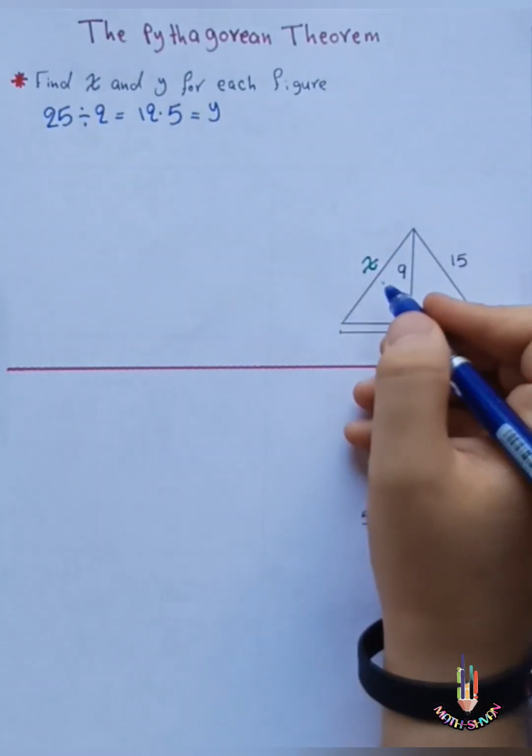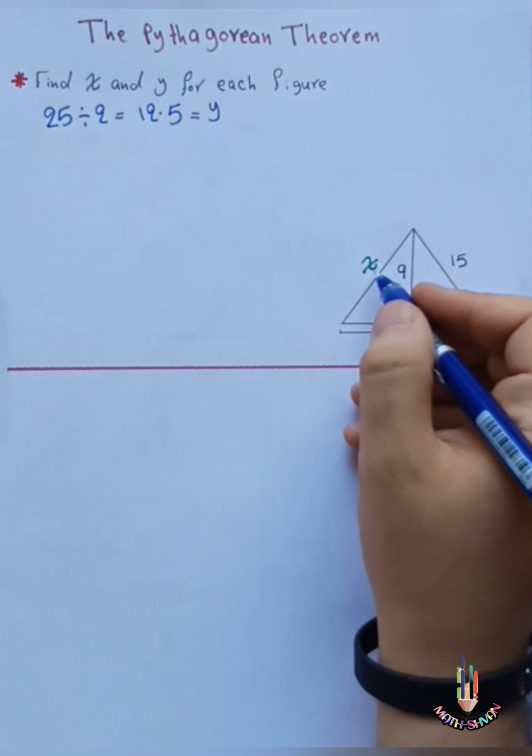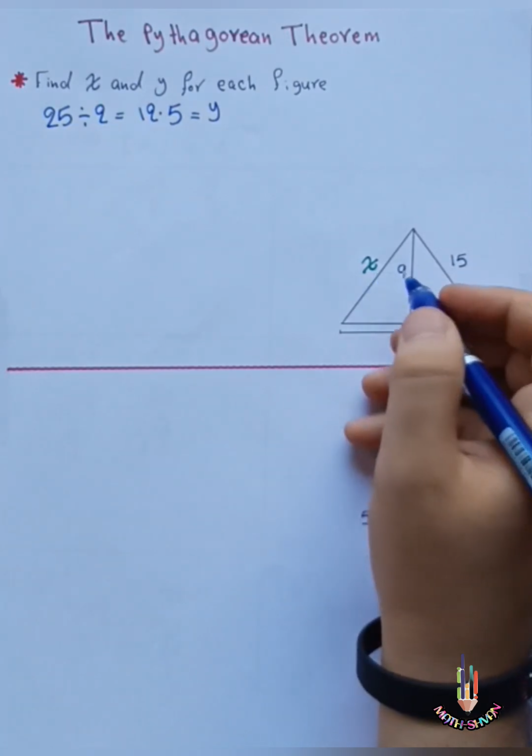For finding the length of x, we can use the Pythagorean theorem.